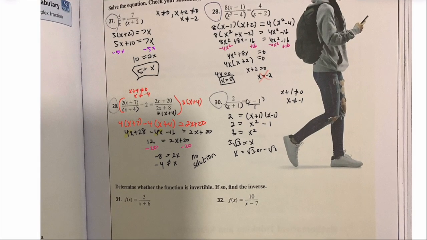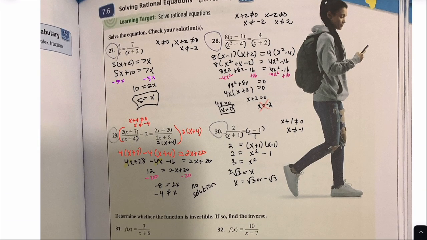So the key here: cross multiply, unless it isn't a proportion, then get common denominators and multiply through by that common denominator, if it looks like 29. So that's those, and that is it. So good luck to you, and I'll talk to you soon.